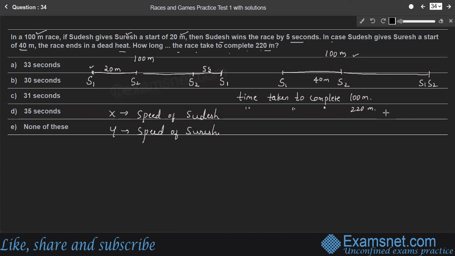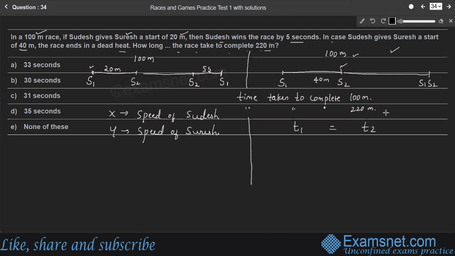How are their speeds related? Which person has more speed? For that, consider the second condition. In case the first person gives a 40 meter start to the second person, Suresh, then the time taken by the first person, T1, is equal to T2, since both of them reached the destination simultaneously. That means both of them have taken the same time to reach the destination.